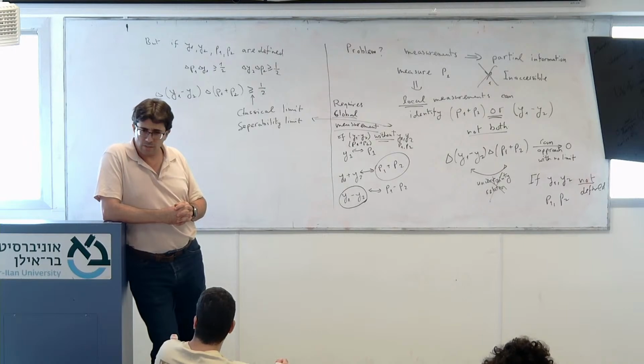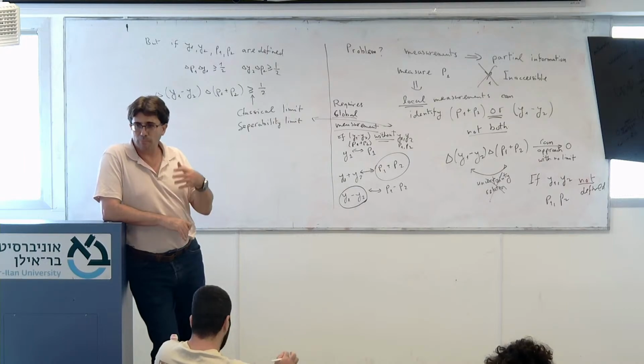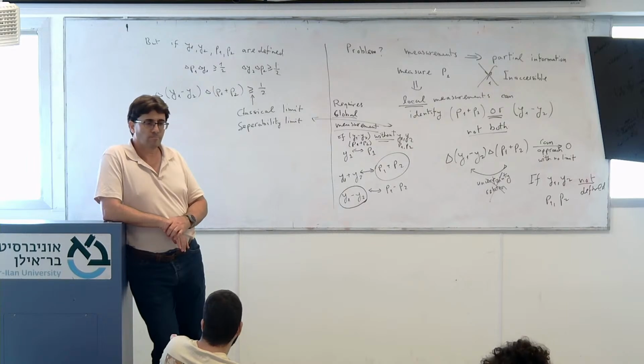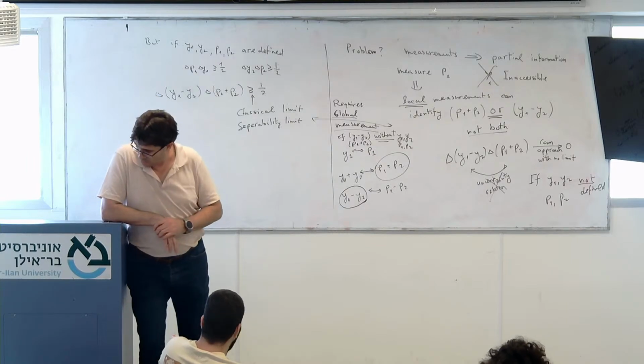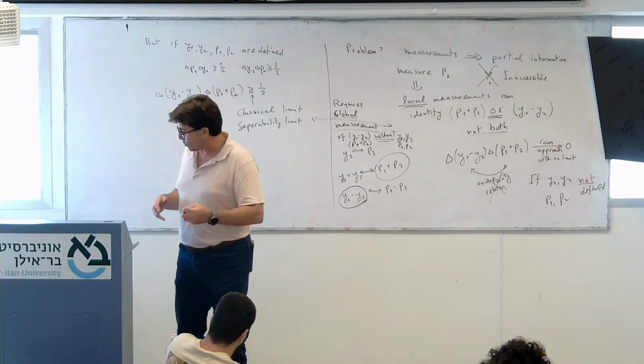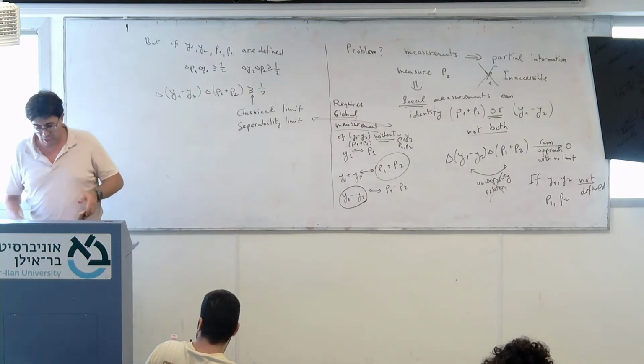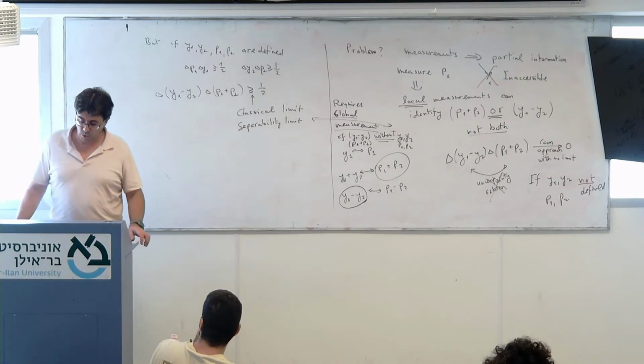The answer is yes, but not now. This is what Bell understood in 1964. And about what Bell did, we'll discuss next time. So the Bell inequality and how we can deduce also from local measurements the existence of entanglement, that's next week.